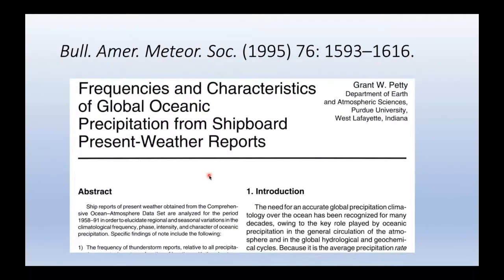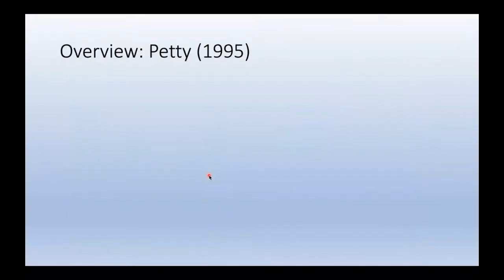And I'll talk about my motivation for that as a bit of a footnote, but I came out with a paper in 1995 in BAMS, which was looking at the global precipitation, the frequencies and characteristics of global oceanic precipitation from these shipboard weather reports. I'll give a quick overview of what that was about.